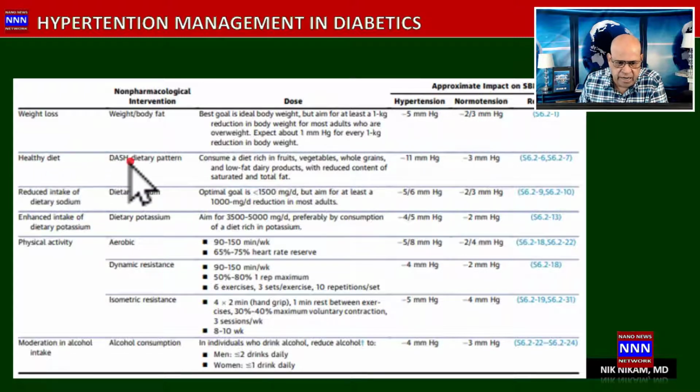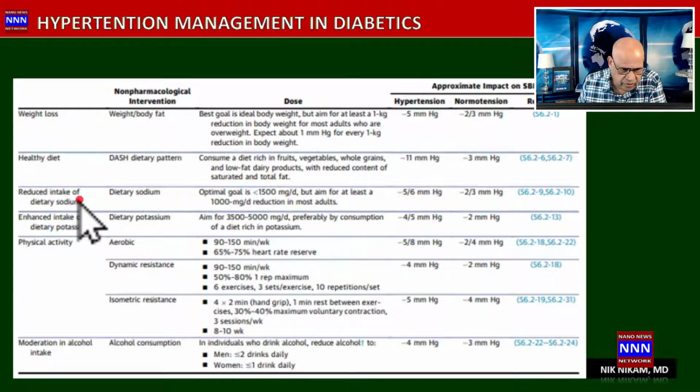Then healthy diet, reducing the salt intake, reducing the fat intake, reducing the cholesterol intake, will also help you by reducing your calories. You can bring down the systolic blood pressure by 11 millimeters of mercury. So by controlling weight, which is basically done through diet and exercise, you can literally bring down your systolic blood pressure by almost 15 points, which is a significant number if you are in stage 1 or stage 2 hypertension.